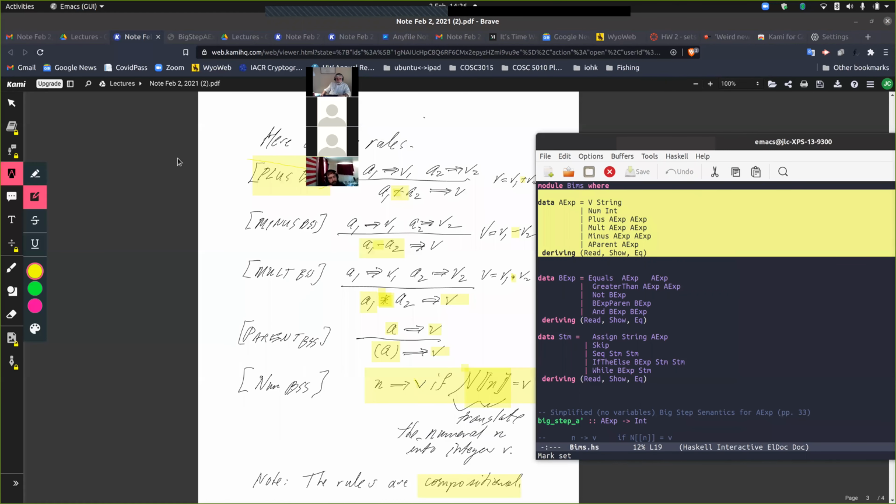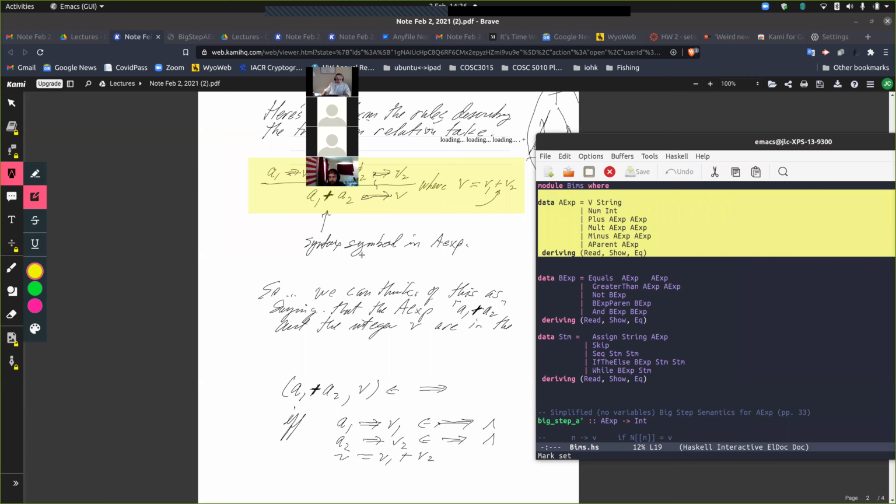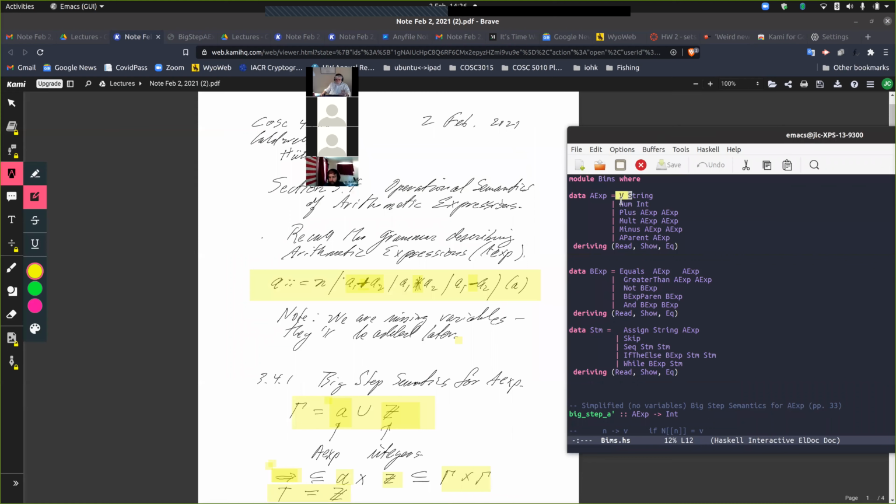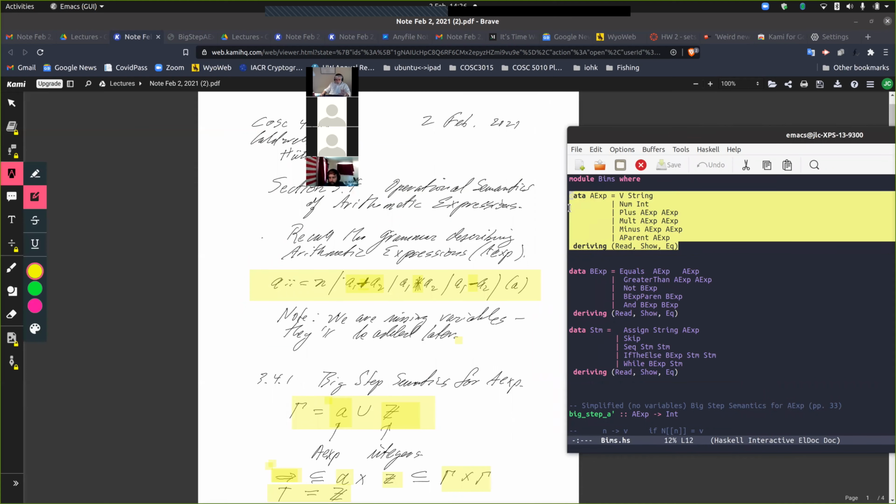Whoops, let me move this out of the way. If we look at the syntax here, note that we excluded variables. This one has a constructor for variable, but this is a data type in Haskell that defines the abstract syntax tree of this language.